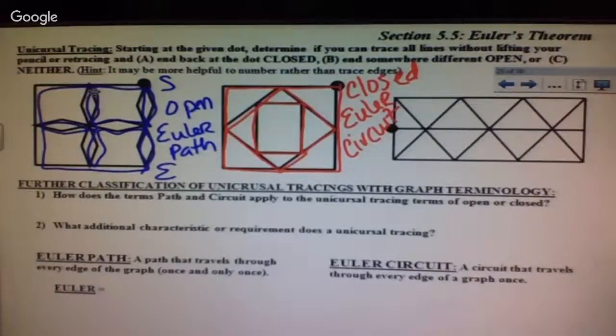This last one's going to be neither. There is no way to finagle this craziness without retracing things. If I try it, I miss this whole chunk. I'll miss chunks in the middle. It's just not going to work.